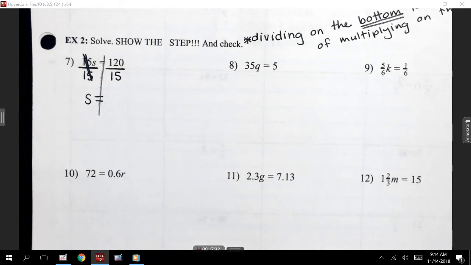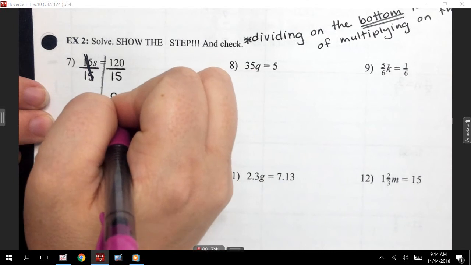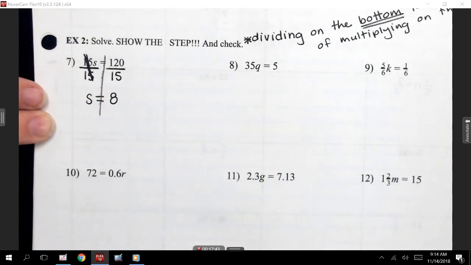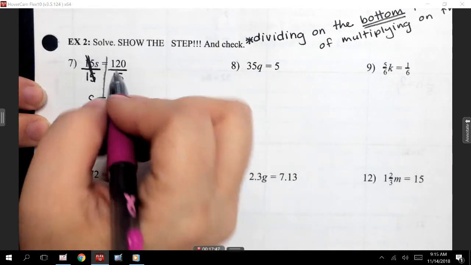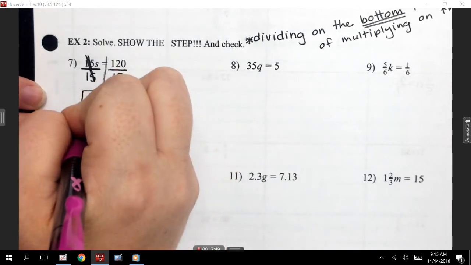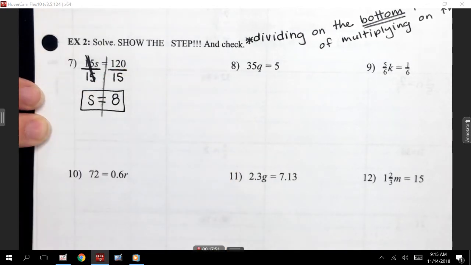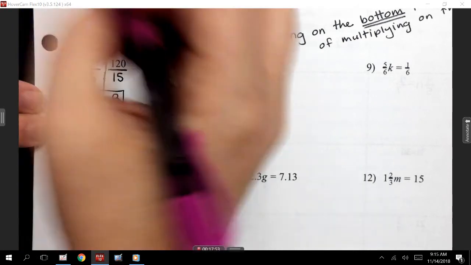We mark them out. All right? 120 divided by 15 is 8. Very good. S equals 8.